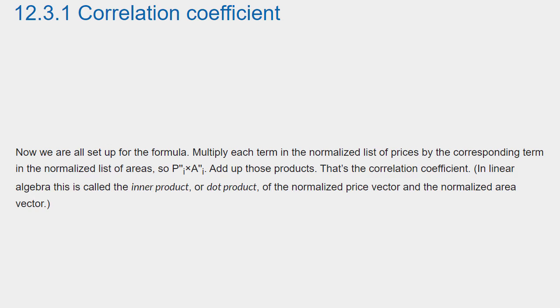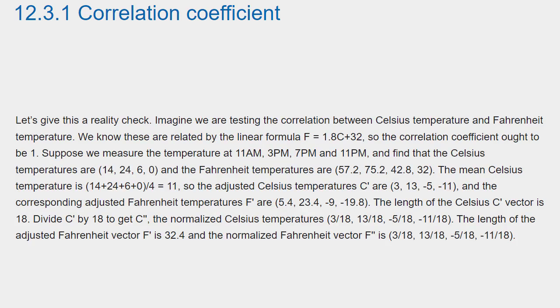So P double prime i times A double prime i. Add up those products. That's the correlation coefficient. In linear algebra, this is called the inner product or dot product of the normalized price vector and the normalized area vector. Let's give this a reality check.